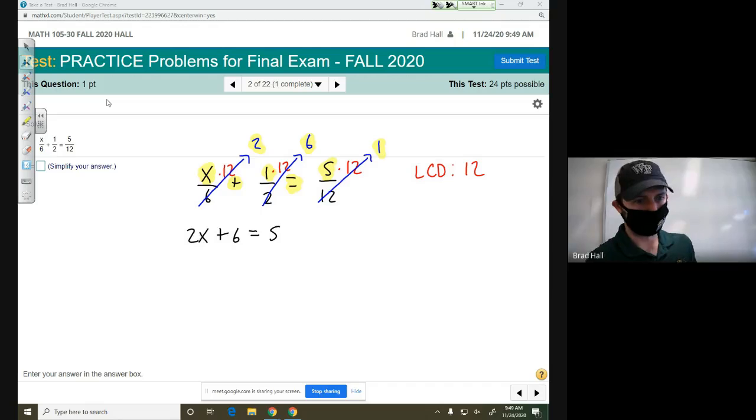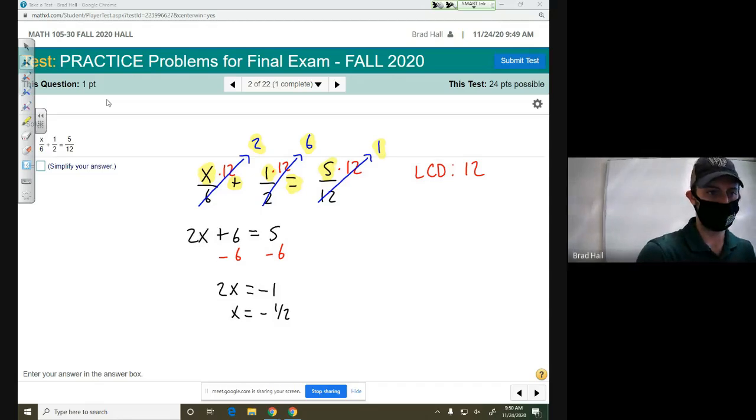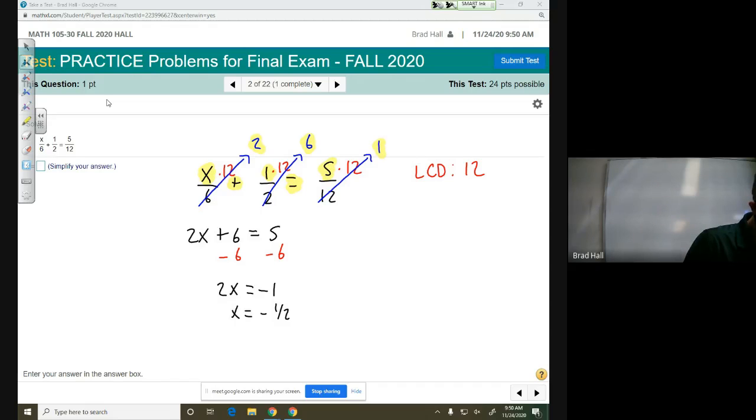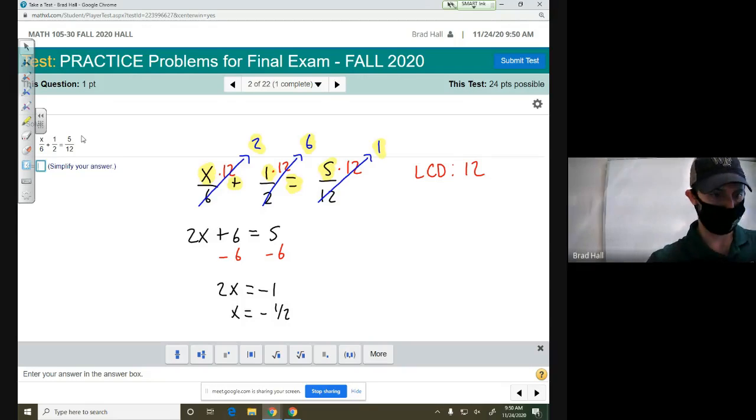Notice how much more simplistic that looks. We can go from here pretty easily. Subtract 6 on both sides. It's -1, and so x is -1/2.